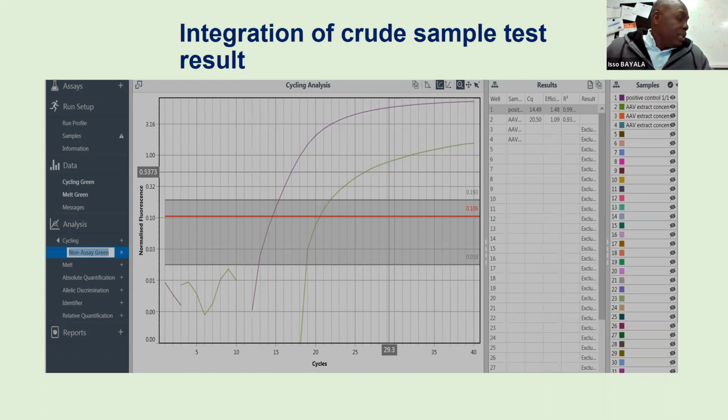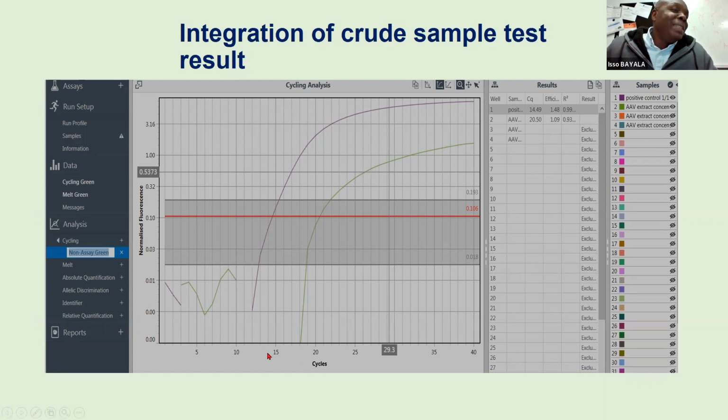And there is also a CQ, which is the quantitation cycle. So if you look at the lines that cross the red horizontal line, you have one green and one blue. What it means is, for each line, the blue line takes fewer cycles, around 12 cycles.